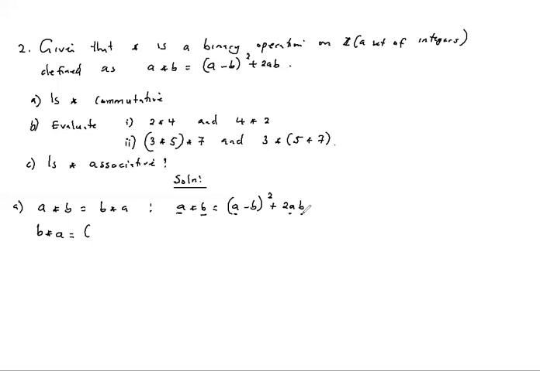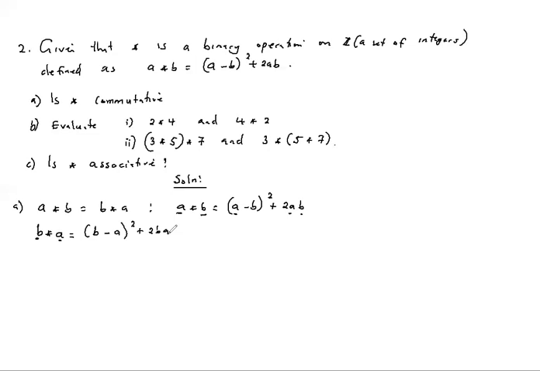So that here the first number is B. So we have B minus the second number, A squared plus 2BA. So we follow the order in which they are written. So the definition respects the order.